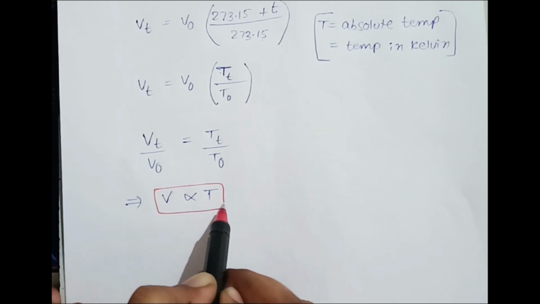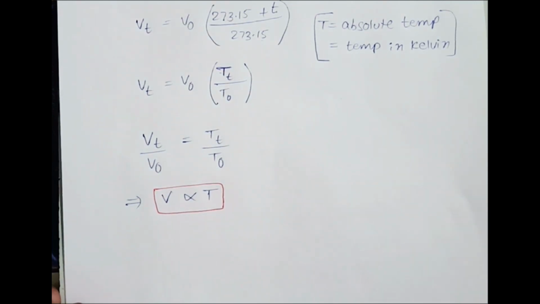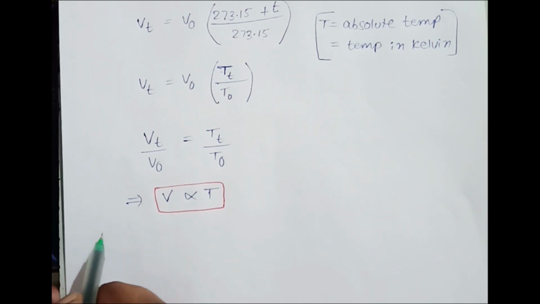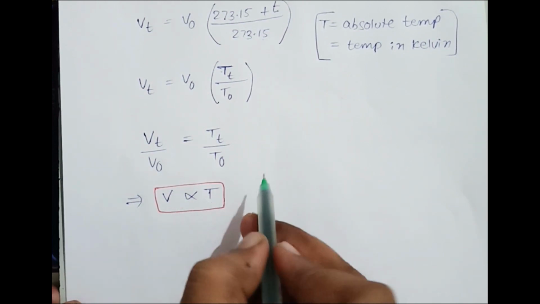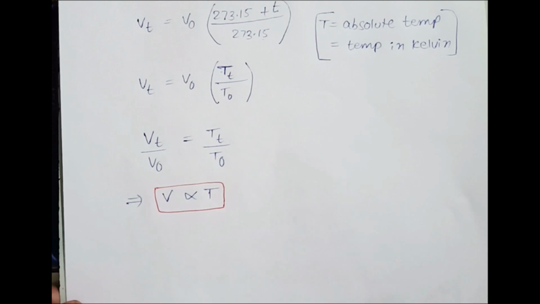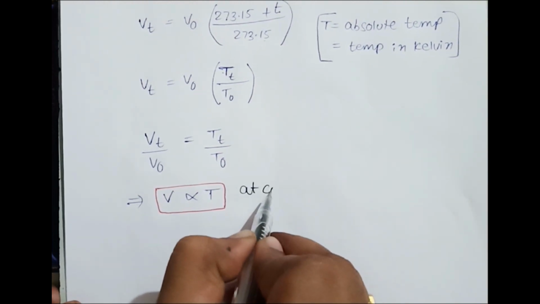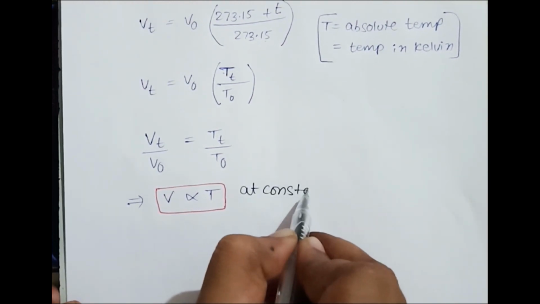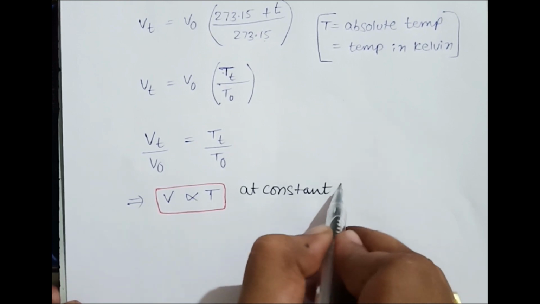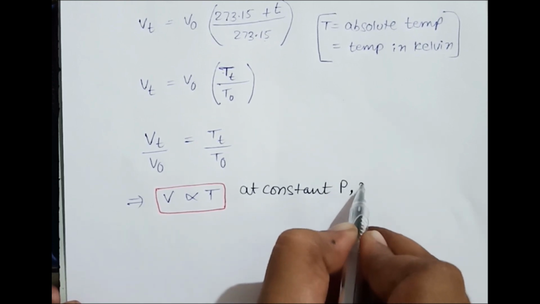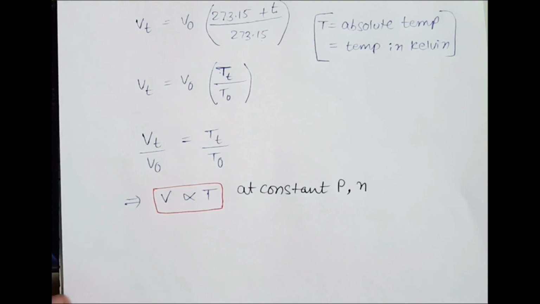What can we say? Volume is directly proportional to absolute temperature, but the condition is at constant pressure and fixed amount of substance, that is a fixed number of moles.